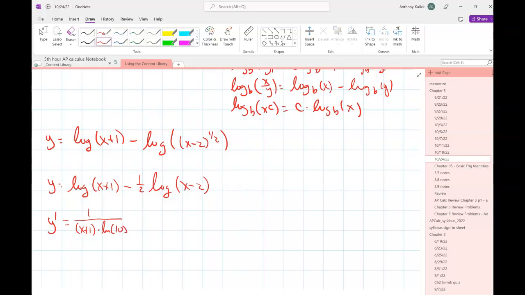When it's just log, we recognize that as log base 10. And then we have times the derivative of the inside, which is just 1. And we'll do the same thing here, and then times the derivative of the inside, which is just 1.